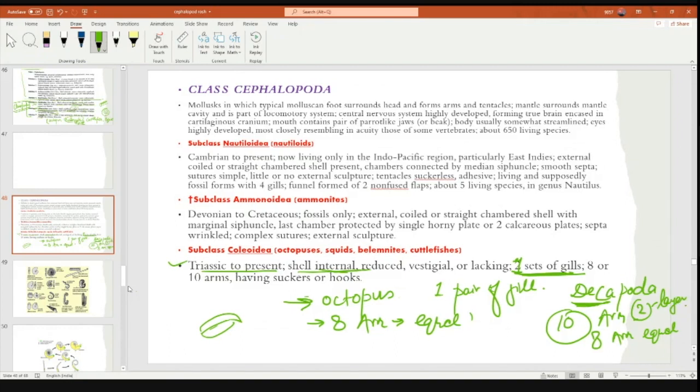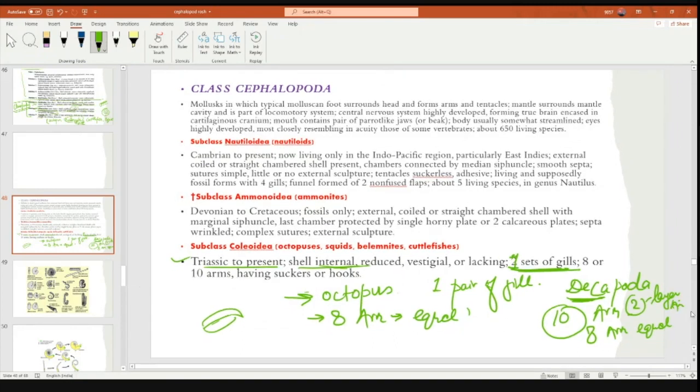So this will be Decapoda. And in Decapoda comes Belemnites. Decapoda's example is Belemnites, which is totally extinct.